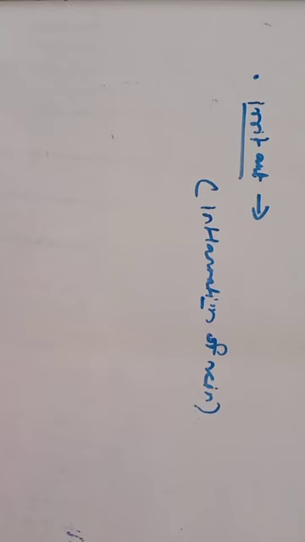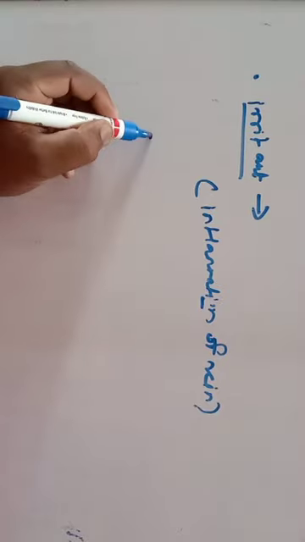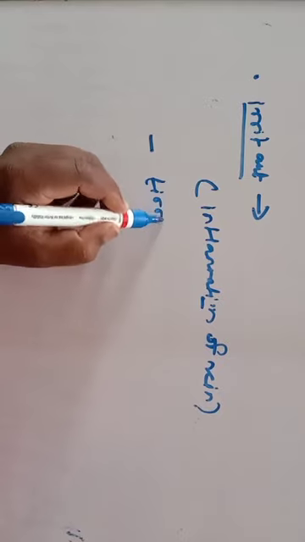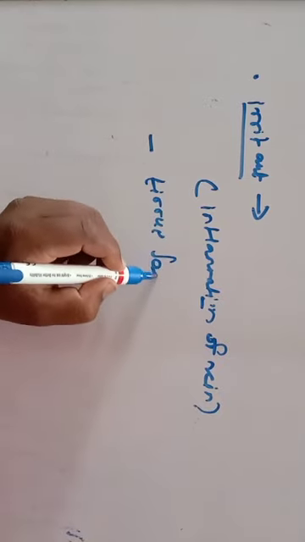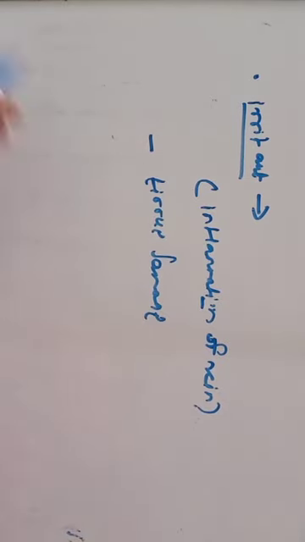If it escapes from the vein, if it is not administered properly, it will damage the tissue. So the second disadvantage is that it will damage your tissue. So, inflammation of vein, tissue damage.